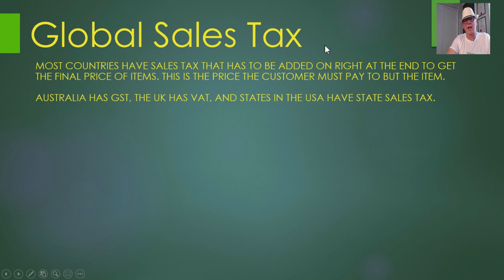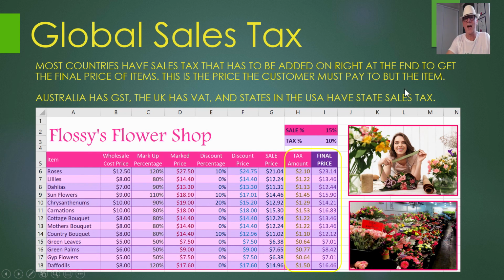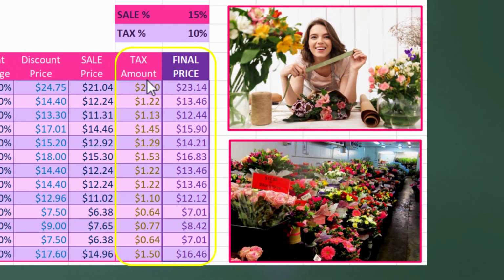Now, global sales tax, right at the end: you've got GST, or if in the UK it's VAT, or if you're in the good old USA, it'll be whatever state tax for the state you're residing in. We've got to work out the tax amount because we have to know how much of the money we've got to actually send off to the government, because we kind of collect the tax for them in our shop and then we've got to send it off.